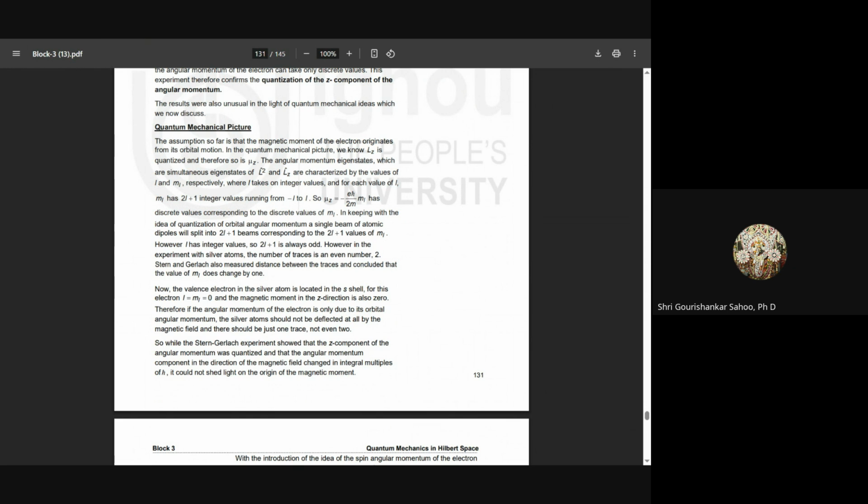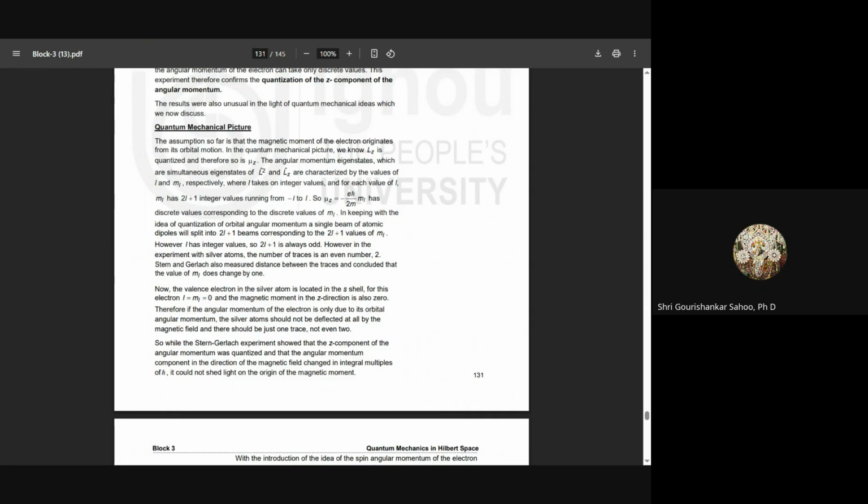In keeping with the idea of quantization of orbital angular momentum, a single beam of atomic dipoles will split into 2L plus 1 beams corresponding to the 2L plus 1 values of ml. So L has integer value, so 2L plus 1 is always odd.